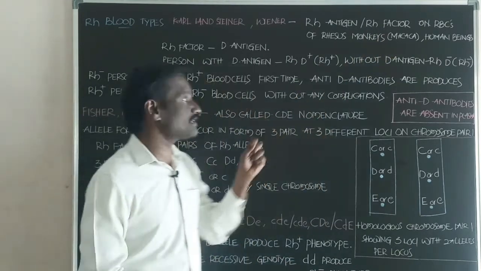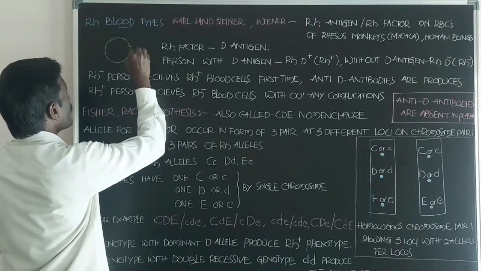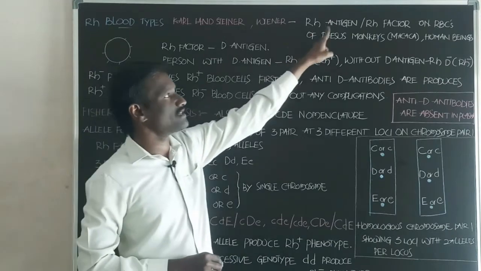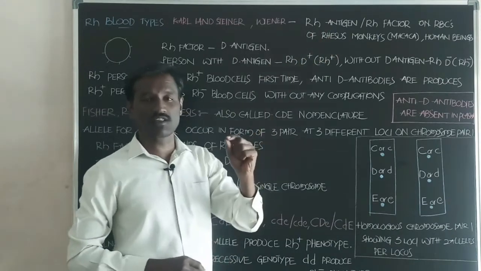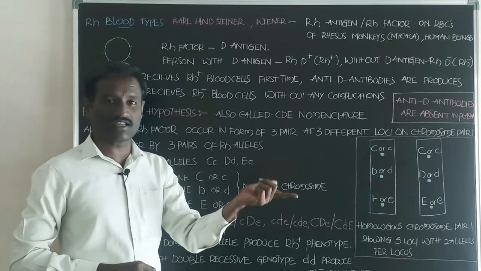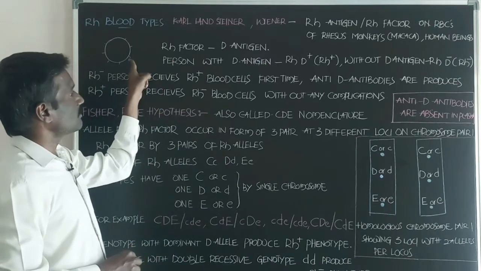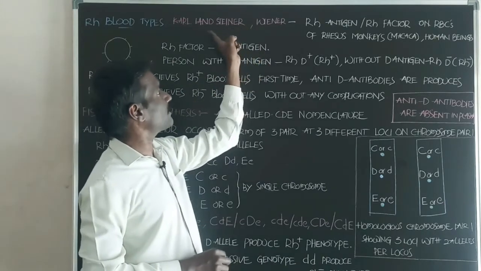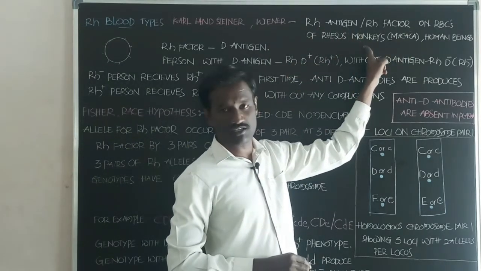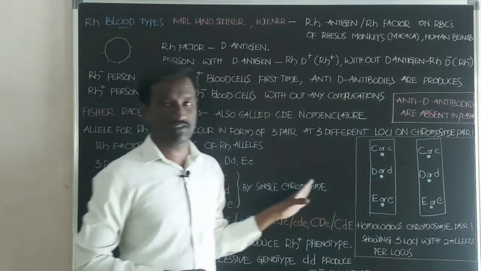This is also present on the plasma membrane of the red blood cell, like antigen A and antigen B. It was first discovered by Landsteiner and Wiener on the RBC of rhesus monkeys, and later also discovered in human beings.